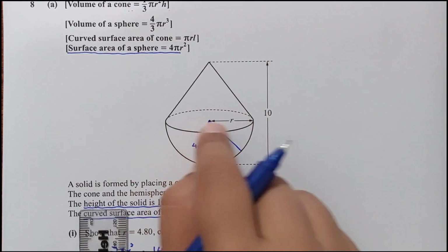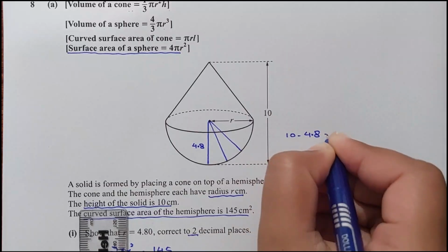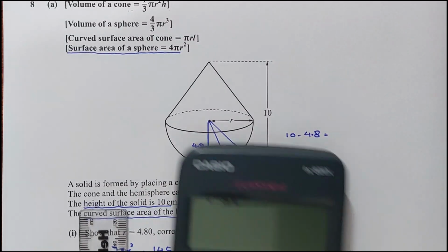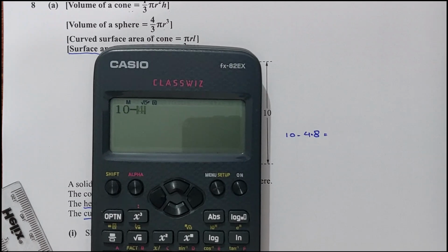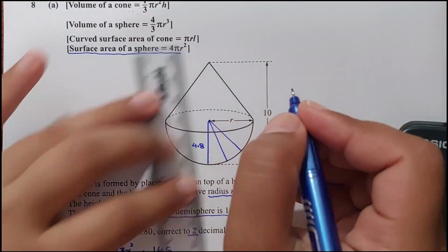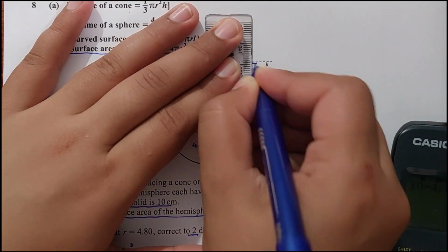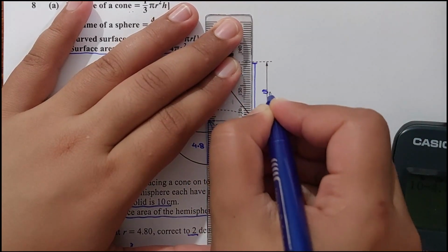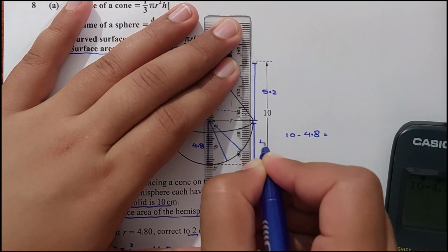All right, so we have to subtract 4.8. 10 minus 4.8 gives the height of the cone. 10 minus 4.80 is 5.2. So this height is 5.2. This point is 5.2, and this point is 4.8.